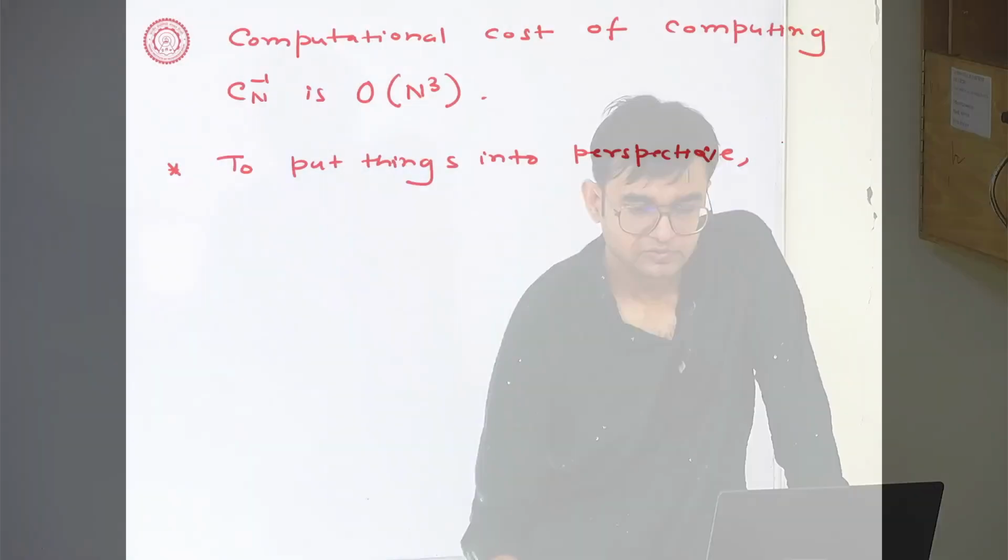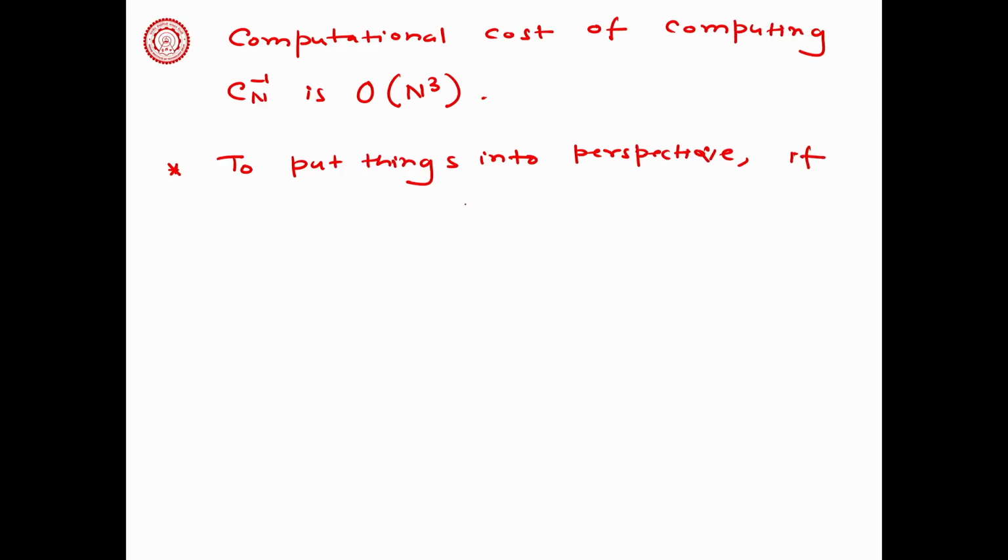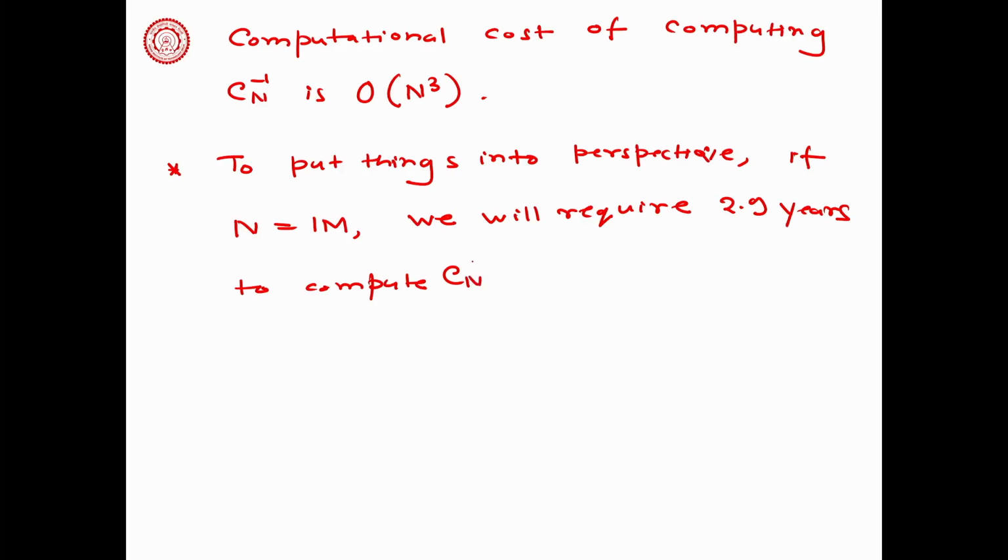So, if n is equal to 1 million, we will require 2.9 years to compute Cn inverse. This is what I am saying today.